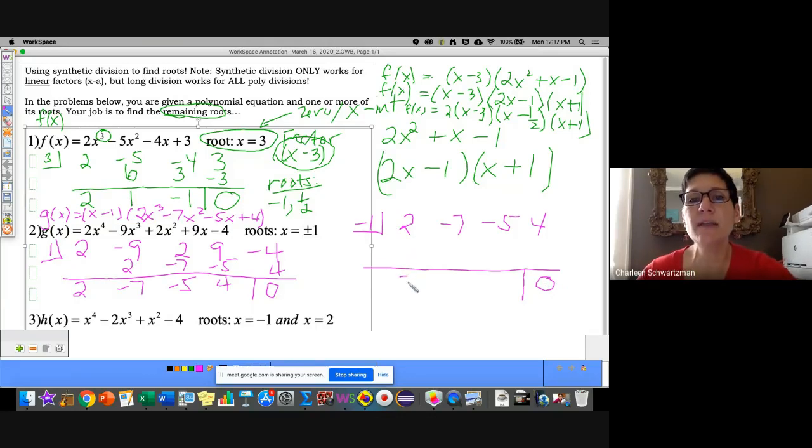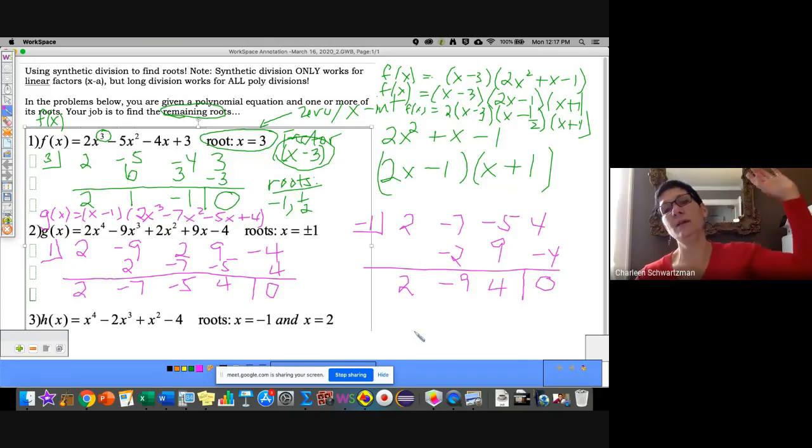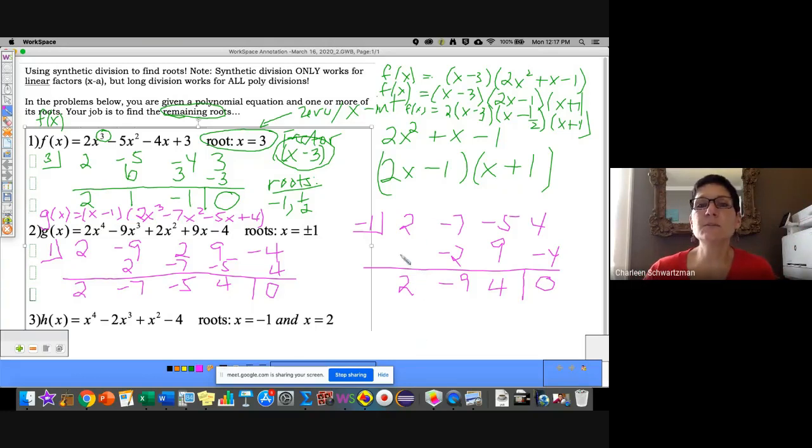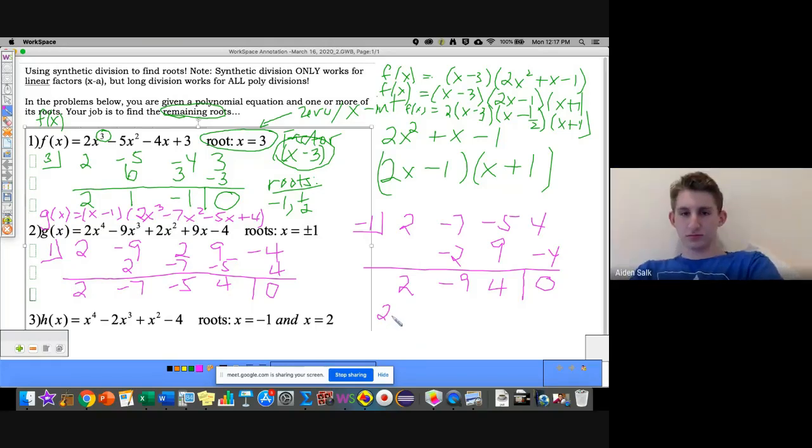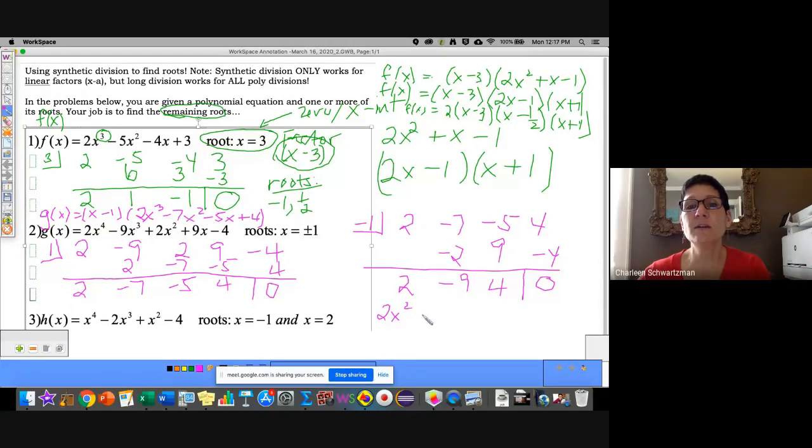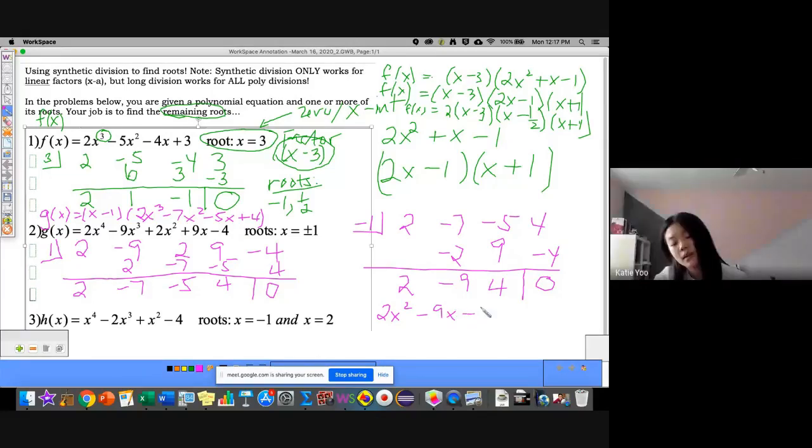So now let's put a 2 there. We go through our magical stuff, and this gives me -9, and then +9, and then 4, and then -4, and look at me go. Because this was 2x cubed minus 7x squared minus 5x plus 4, we're left with 2x squared minus 9x minus 4.